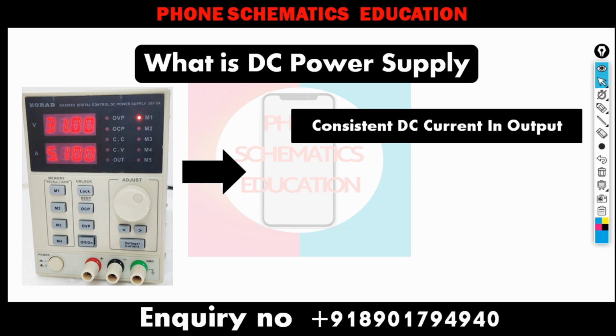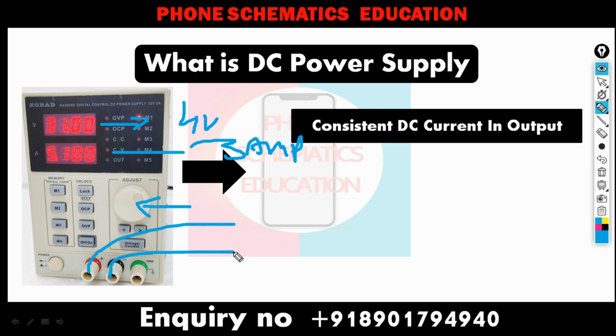Whatever voltage you set in the output, suppose this DC power supply has 31 volt maximum, but if you set 4 volt and 3 ampere through this knob, when you measure the output with a multimeter, you get exactly 4 volt, 3 ampere.